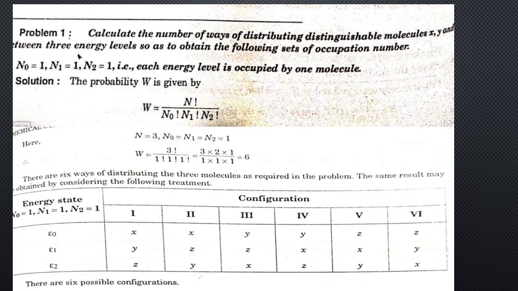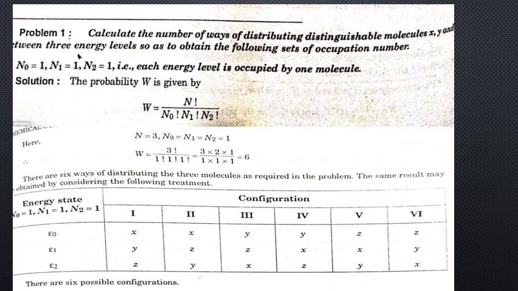So putting the values in this equation, where n is equal to 3, and n0, n1, n2 are all equal to 1, the equation will be factorial 3 upon factorial 1 into factorial 1 into factorial 1, which is equal to 3 into 2 into 1 upon 1, which is equal to 6. So we get the answer 6.